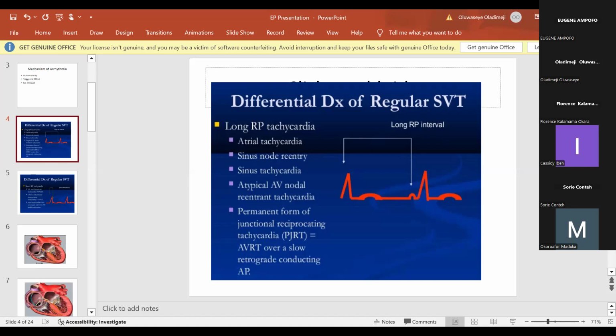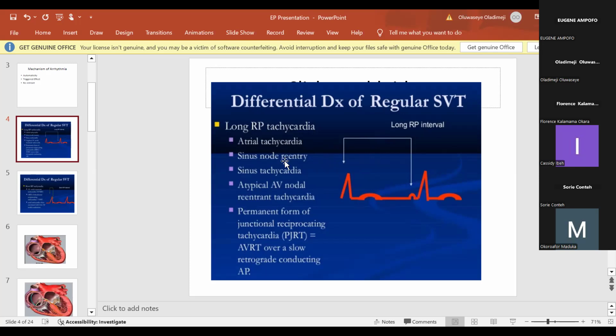Okay, so RP will be the time interval between the R wave and the P wave. So that time interval is very important. So there is a cutoff time interval that classifies the arrhythmia into either long or short RP, which is 70 milliseconds.